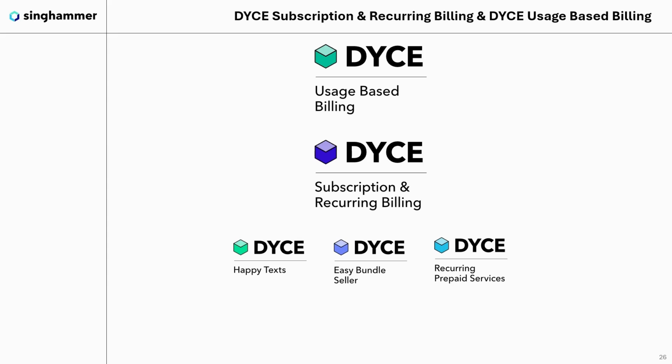This app is especially valuable if you bundle services and sell them as a package. Are you in the service business and sell monthly time banks against which you provide services? We have an interesting solution for you. Check out our DYCE prepaid services and DYCE recurring prepaid services. And the best of all, more apps are coming.